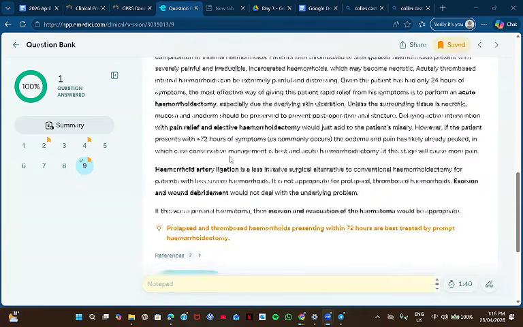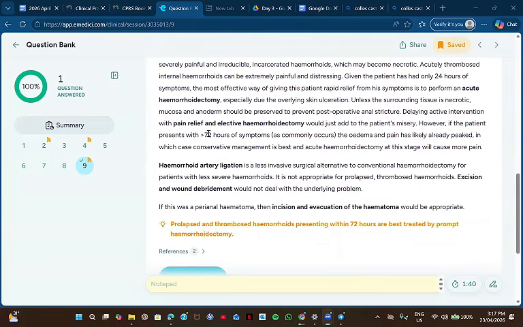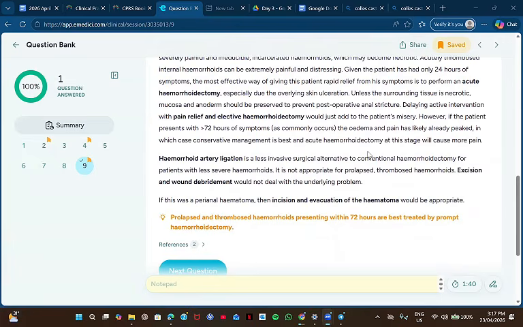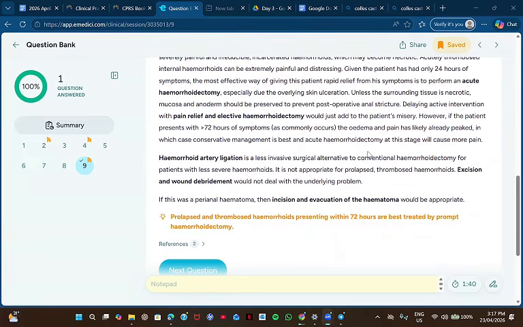Unless the surrounding tissue is necrotic, the mucosa and anoderm should be preserved to prevent post-operative anal stricture. Delaying the active intervention with pain relief and elective hemorrhoidectomy would add to the patient's misery.